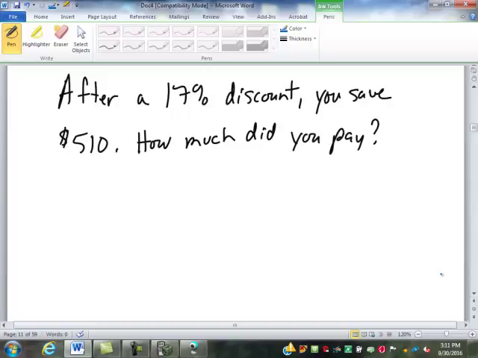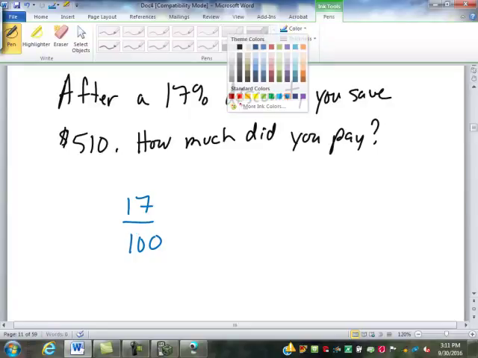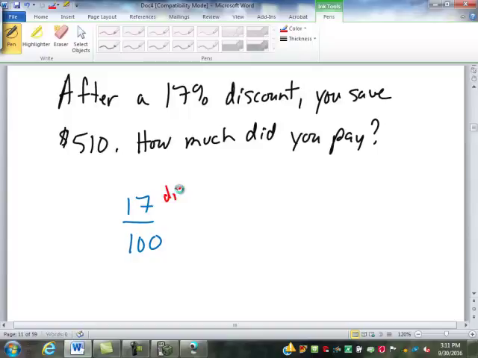This one's not as hard as it looks. Are you sure? Okay, for me it's not as hard as it looks. How's that? We have the 17%. 17 represents what? The discount. The 100, of course, represents full price.